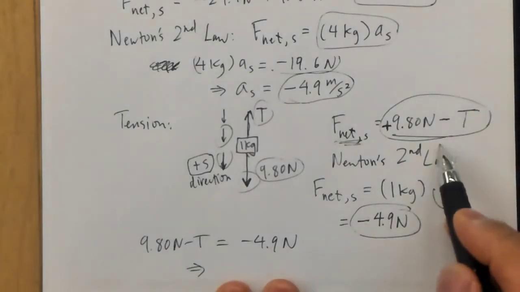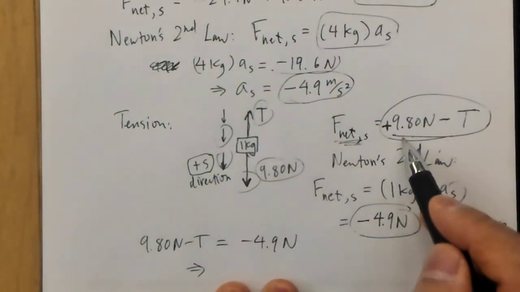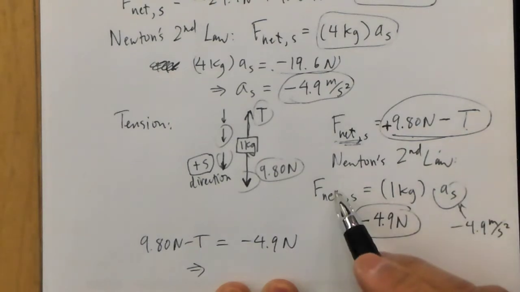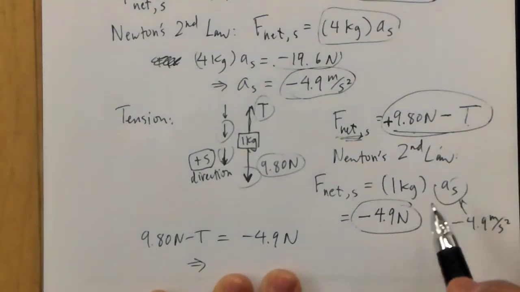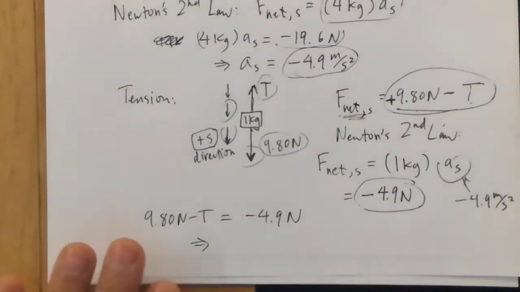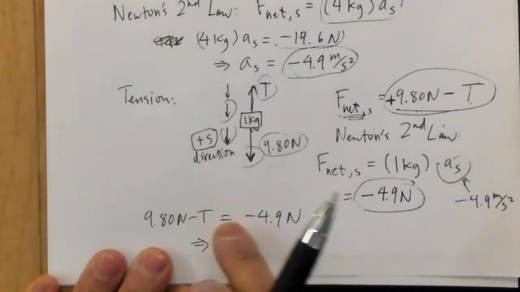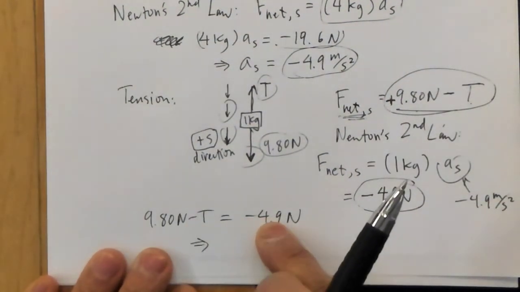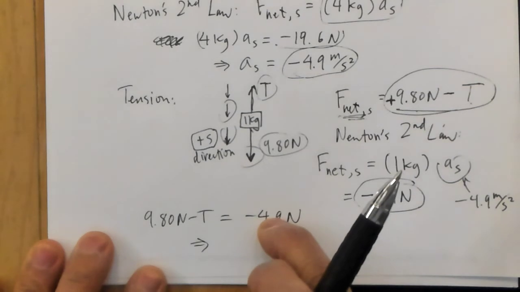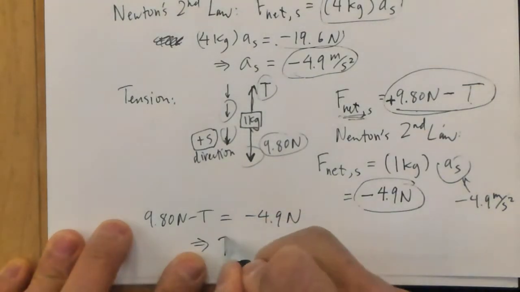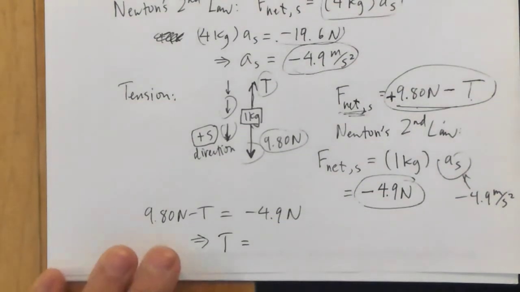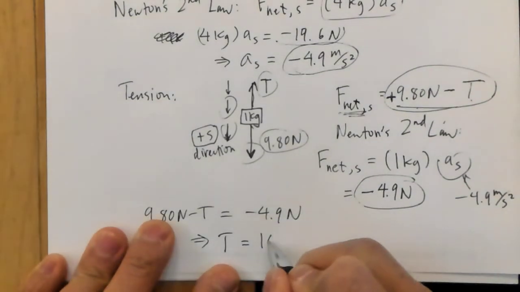One formula came from just writing down the forces, getting the net force. The other formula came from Newton's second law, the net force is equal to the mass times the acceleration. Put these two equal to each other, I get 9.8 minus t is equal to negative 4.9. Okay, everybody's on top of this? Good. Now we can solve for t. T is 4.9 plus 9.8, and that comes out to 14.7 newtons.